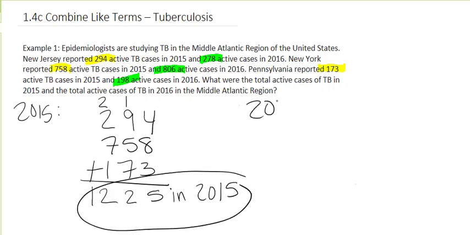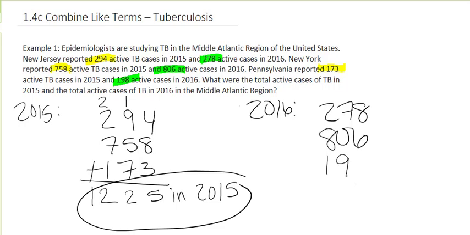Now 2016, we have 278, 806, 198. So let's add. 8 plus 6 is 14, plus 8 is 22.